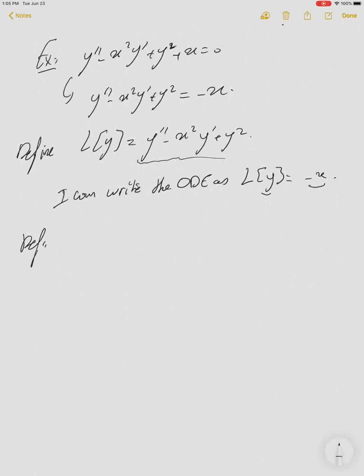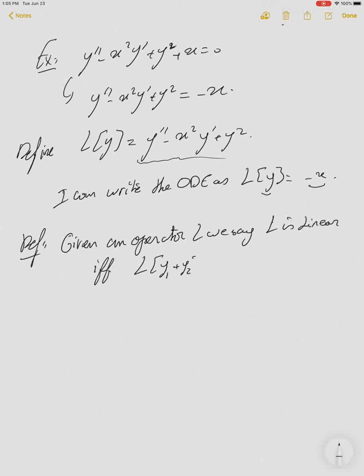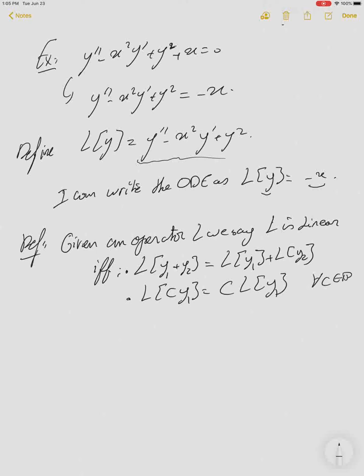Now definition: given an operator L, we say L is linear if and only if L of y1 plus y2 equals L of y1 plus L of y2, and L of c y1 equals c L of y1 for all c in R, and in some cases you can say for all c complex numbers.